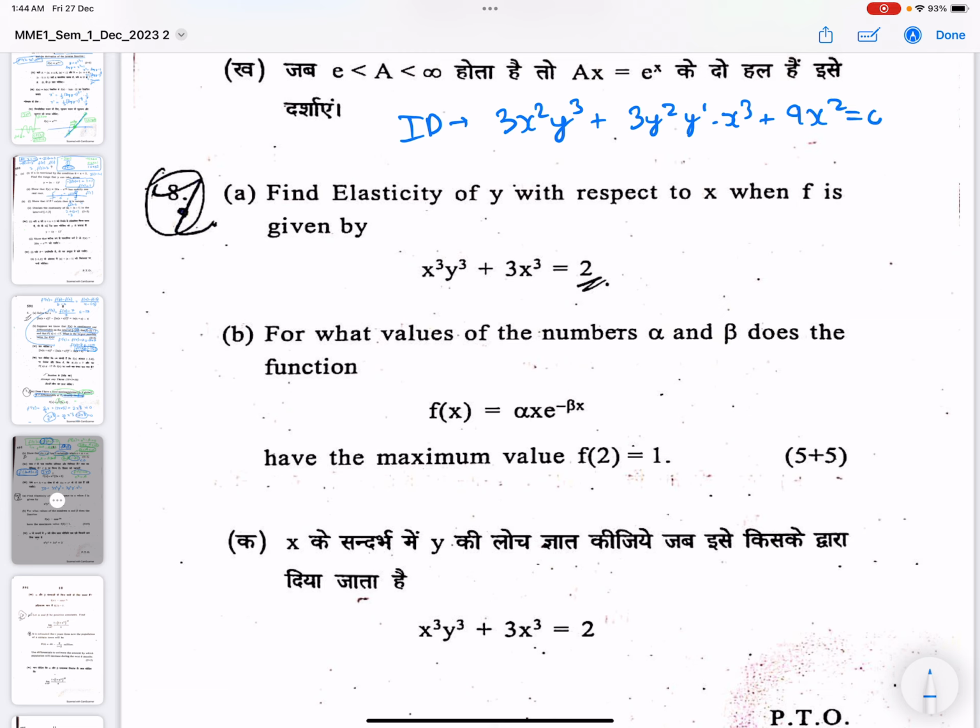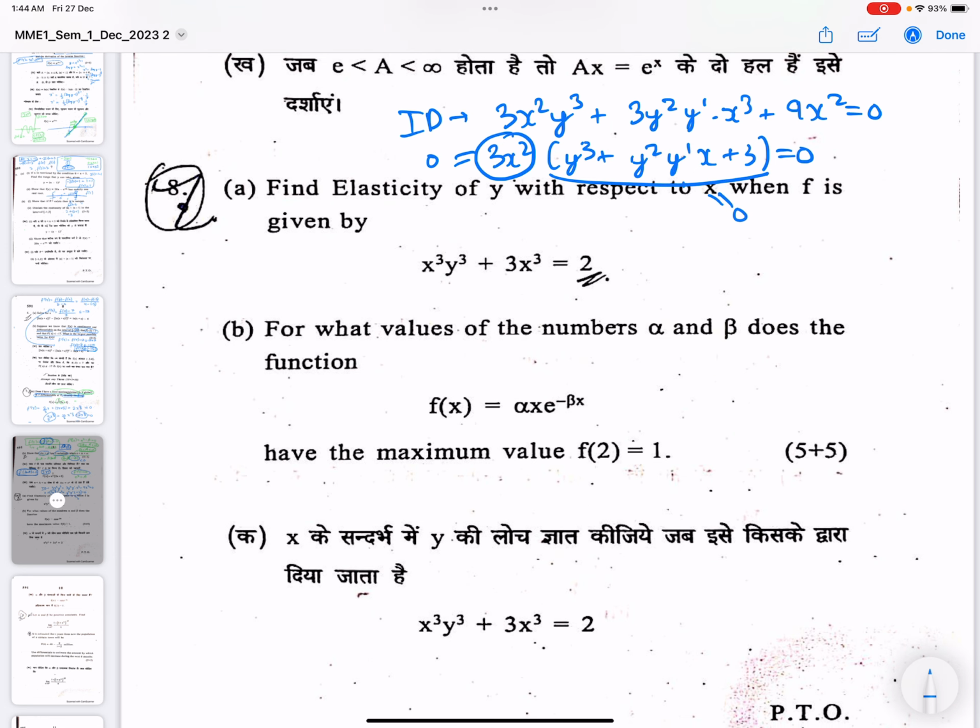Now taking 3x square common, we have y cube plus y square y dash x plus 3 should be equals to 0. So either this needs to be 0 or this term needs to be 0. So if this term is 0, we have y cube plus y square y dash x plus 3 equals to 0.